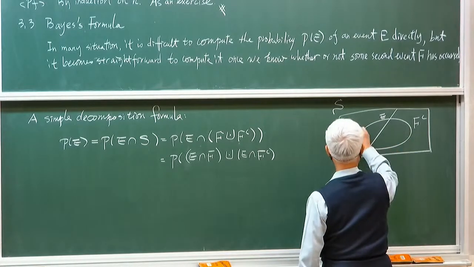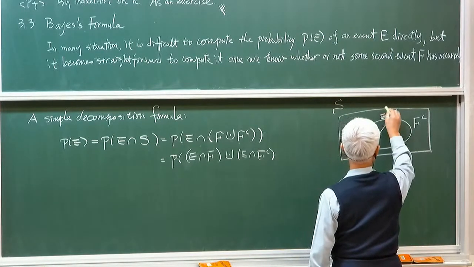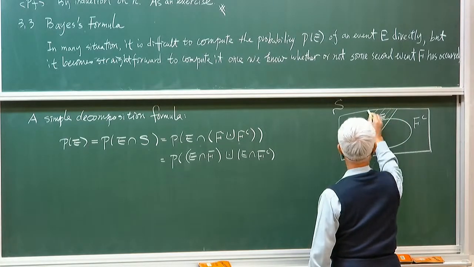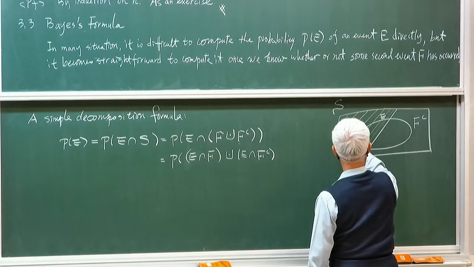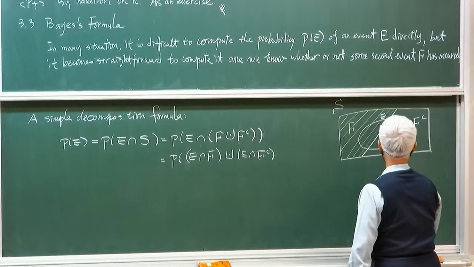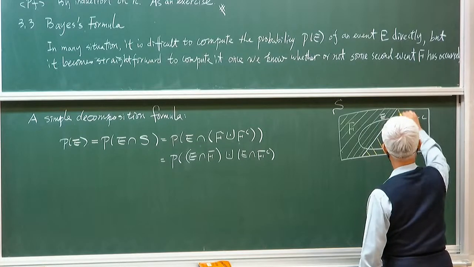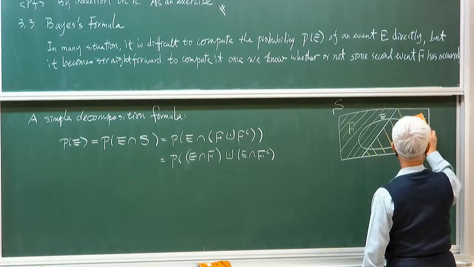The green part is F, and the yellow part is the F complement.